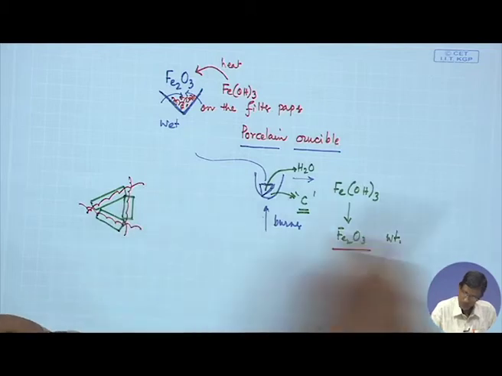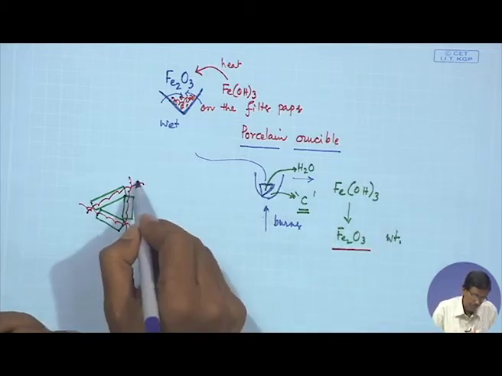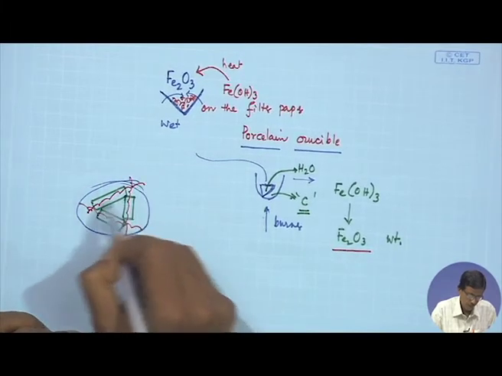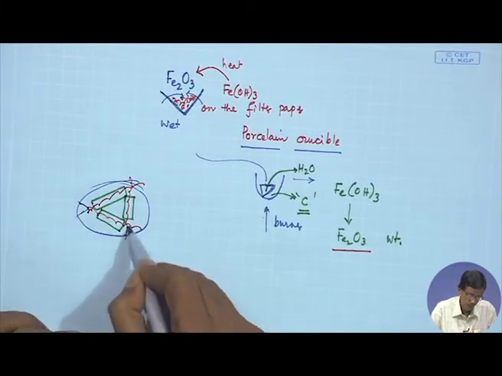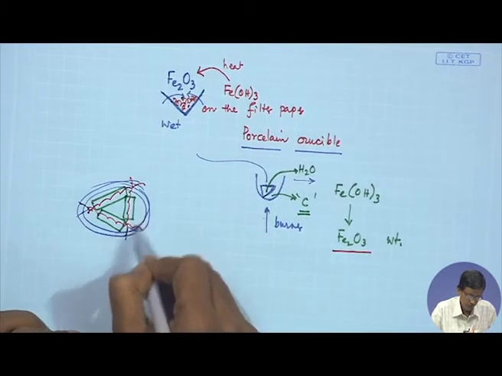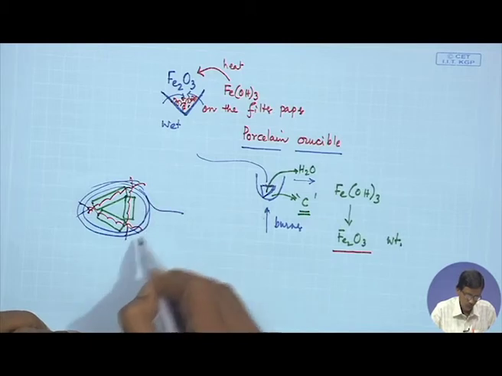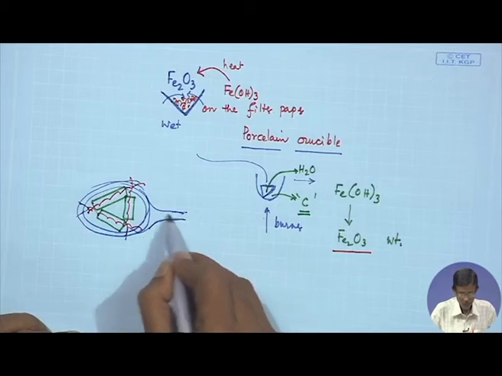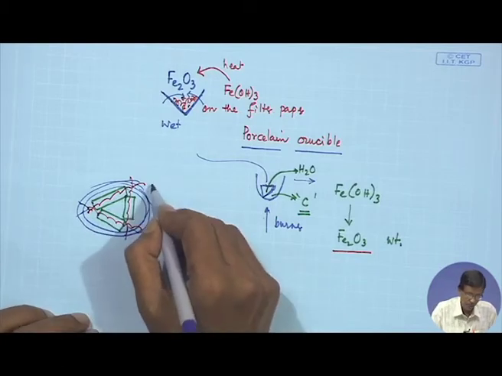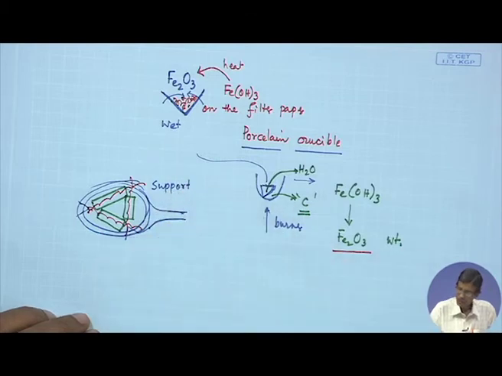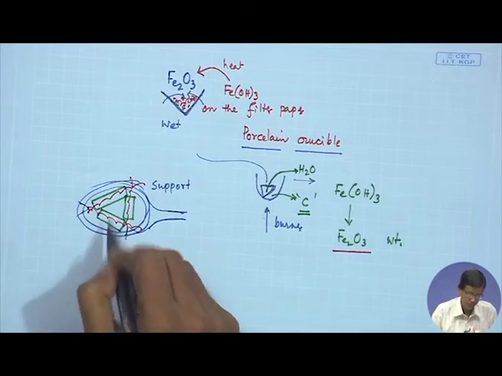You basically get the support of that ring. So, you have the ring, and this is basically the support system, because we are going to burn it to a very high temperature.